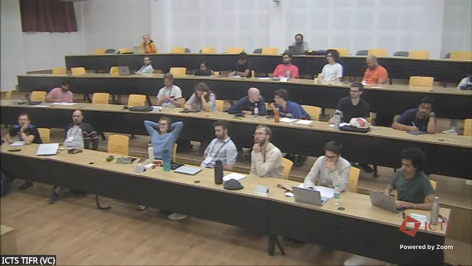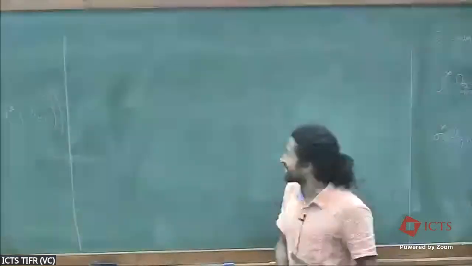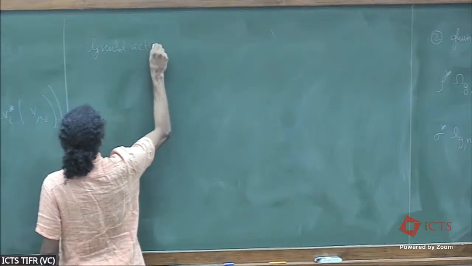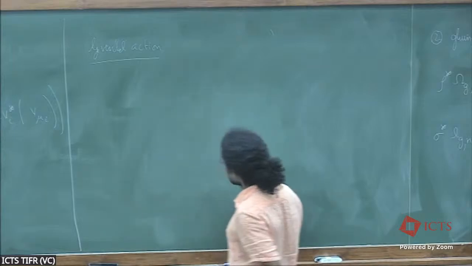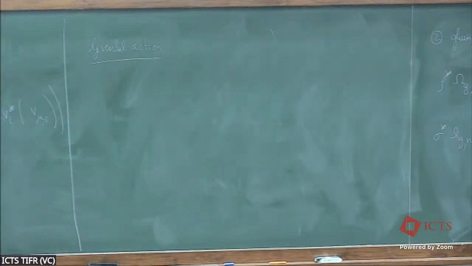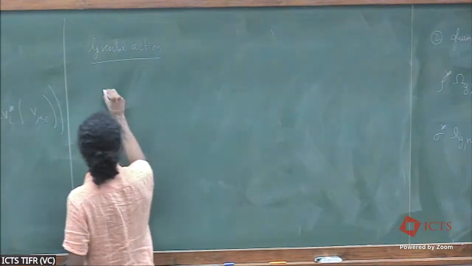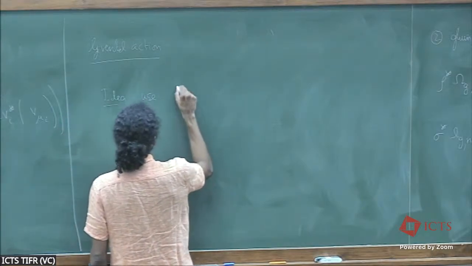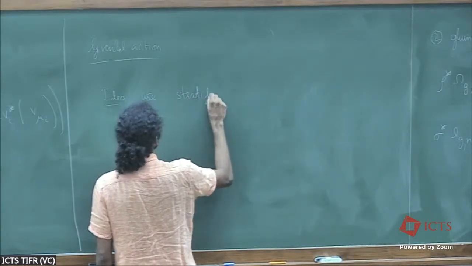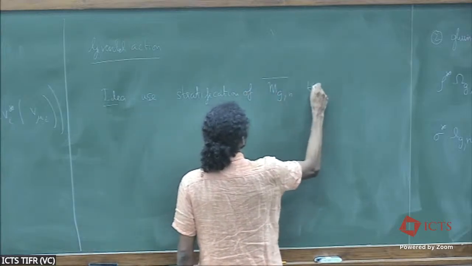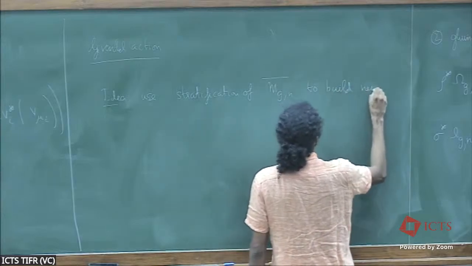Now that we know a bunch of quantities already, the idea of the Givental action is that if I give you a CohFT, then I want to use the stratification of the moduli space of curves, the stratification of M g n bar, to build new CohFTs.